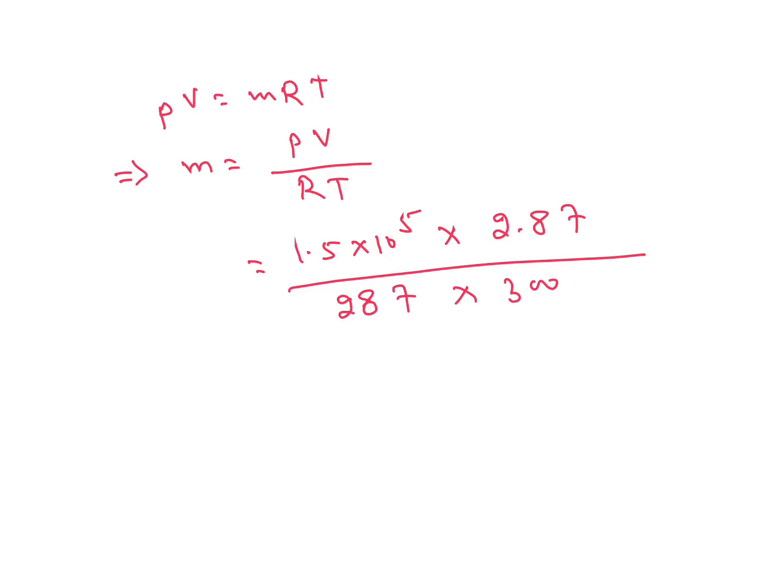So we get 100, 15 by 3 is 5. This is only m, m equal to 5 kg.